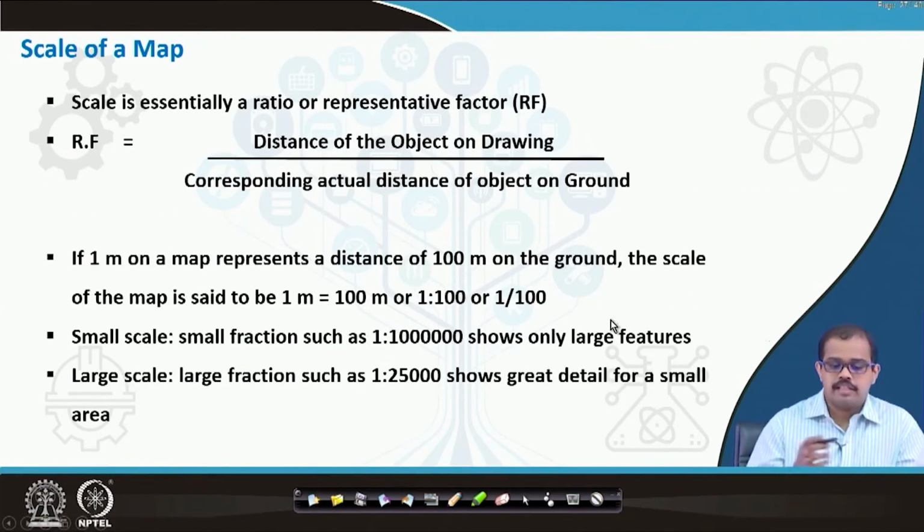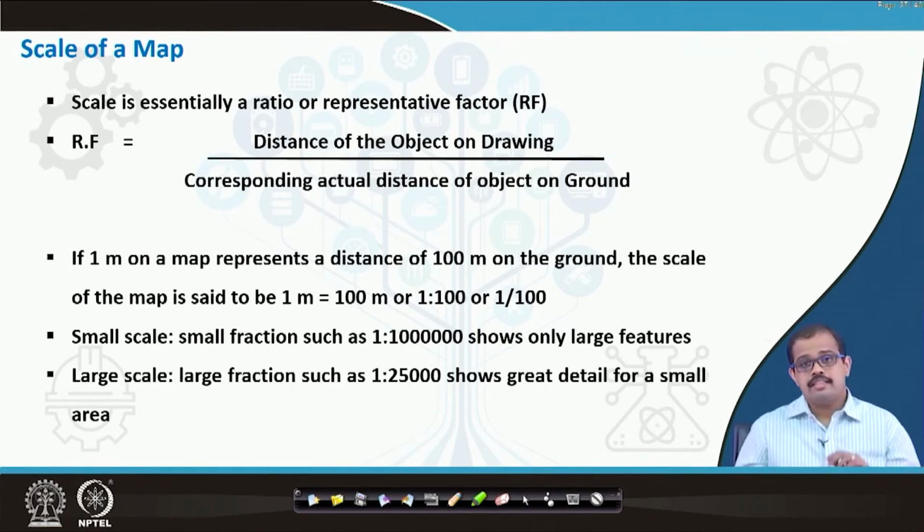Scale is essentially a ratio or a representative factor. As I said, it is the distance of the object on the drawing or map corresponding to the actual distance on the ground. If 1 meter on the map represents a distance of 100 meters on the ground, then the map is said to be 1 meter by 100 meters, that is 1:100, or 1 by 100 as a ratio factor.